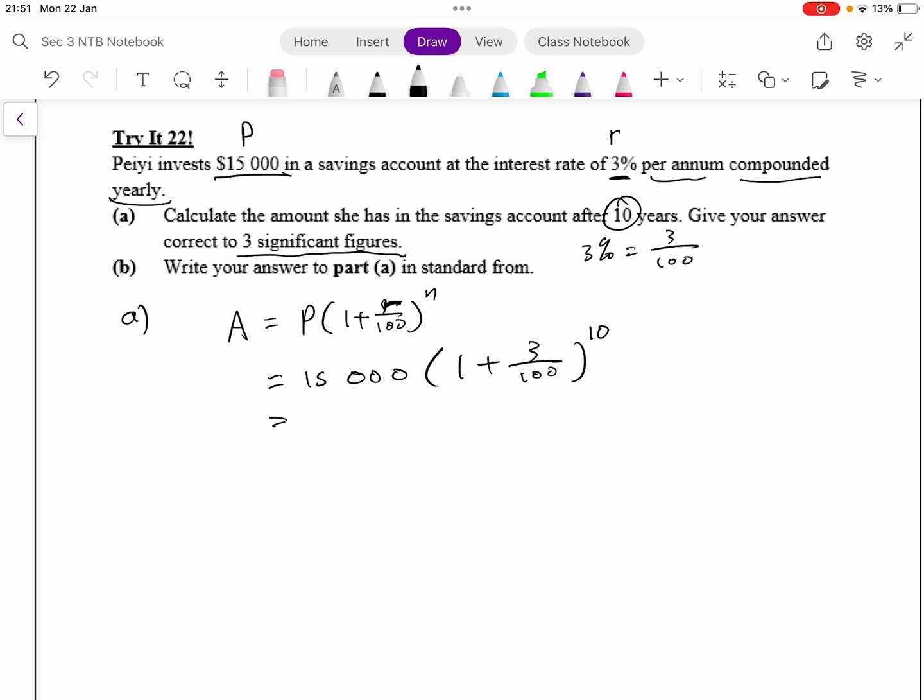Now take note, this fraction you can write as a decimal, 0.03, if it's easier to calculate. I suggest if you can change it to decimal, try to change it to decimal. So 1.03 to the power of 10 multiplied by 15,000. You should get 20158.74.